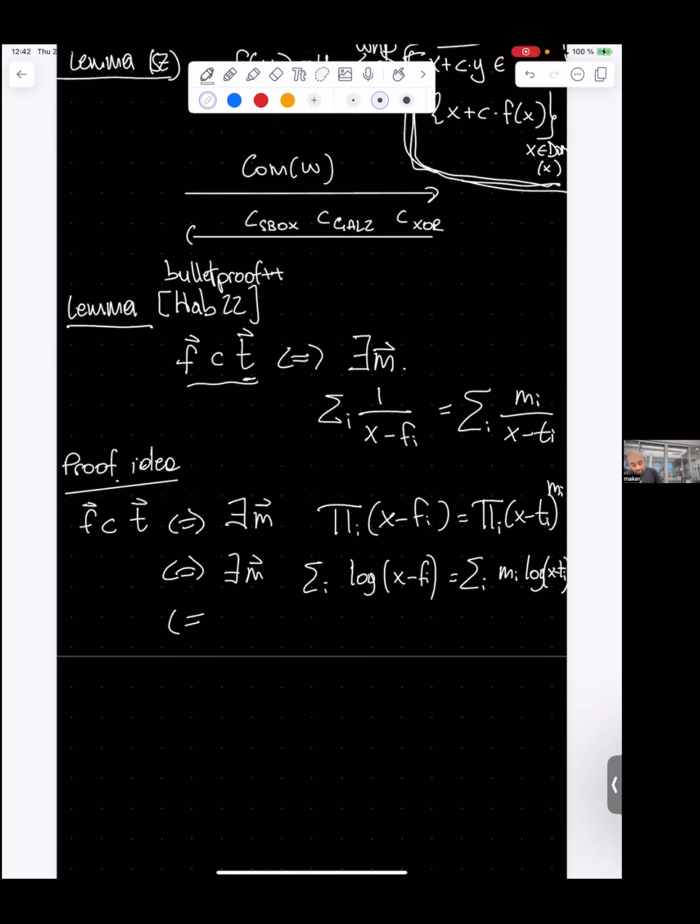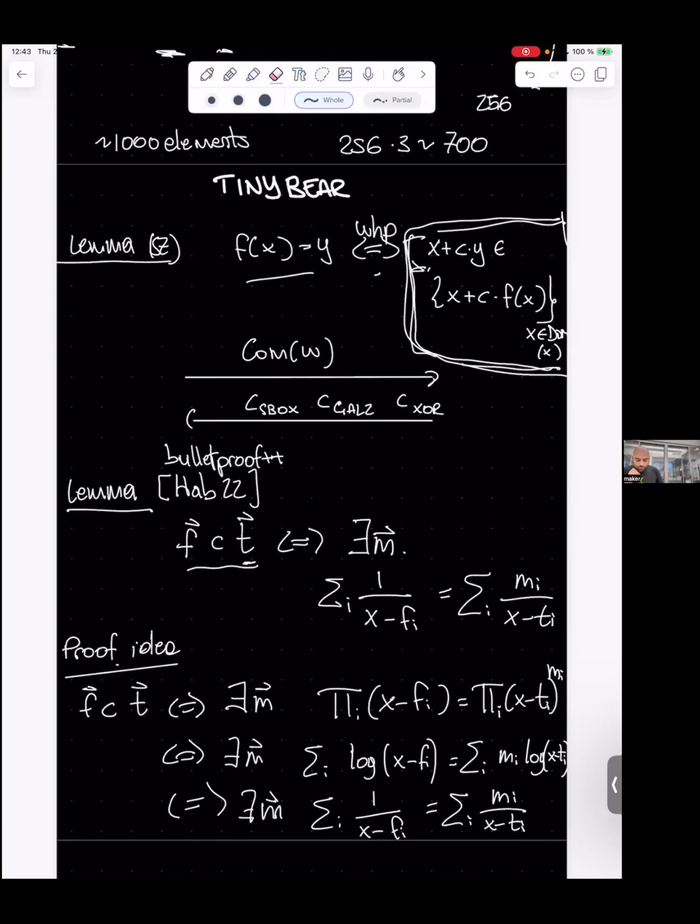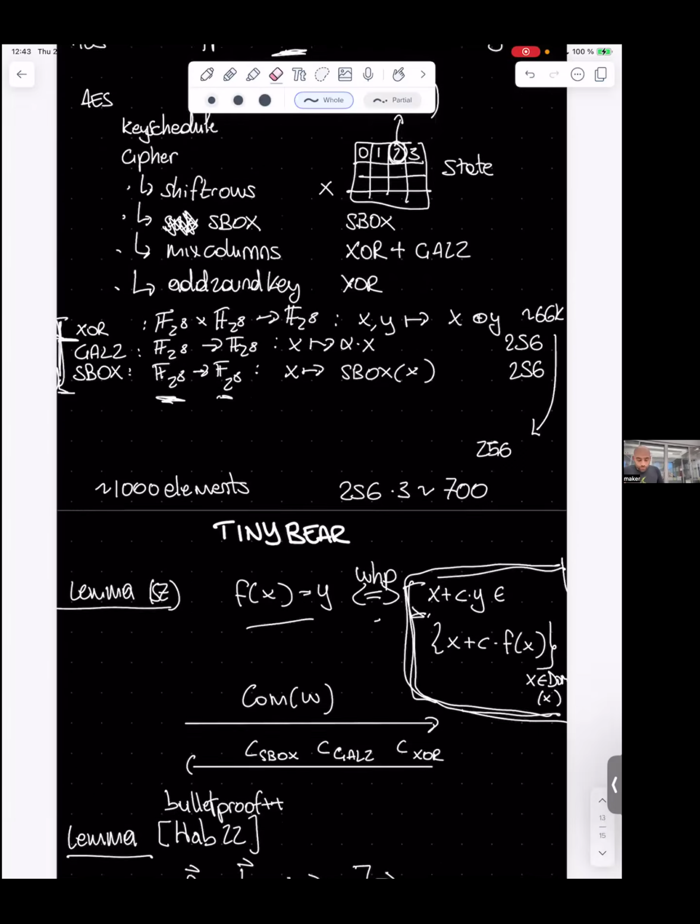And if you think now about the derivative of this, I'm using loose notation here, I'm not even saying where these elements live anymore. But if you apply the derivative, you end up with a final statement of the sum over i of 1 over x minus fi on one side, and the sum over i of mi over x minus ti on the other side. So rolling back, we need to prove AES.